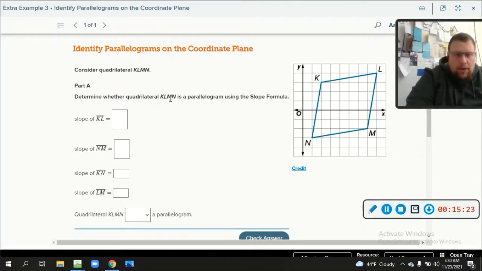Determine whether the quadrilateral KLMN is a parallelogram using the slope formula. Okay, now we're going to use what we know about slopes.